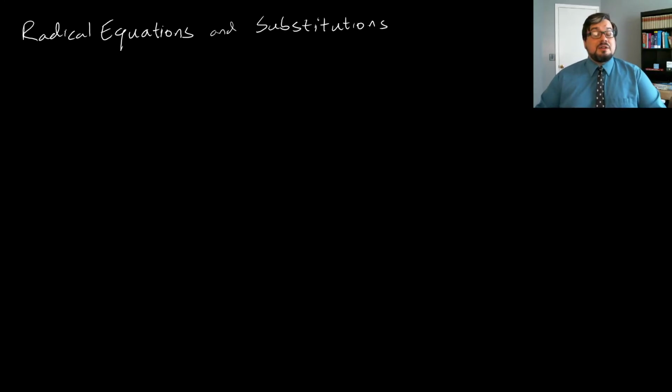Let's talk about how we solve equations involving radicals such as square roots and cube roots and so forth. To do this, we're going to use the following fact, the following theorem, and it's in the same sort of style as the theorem that told us about when we can add and subtract the same thing to both sides of an equation without changing its solution set.